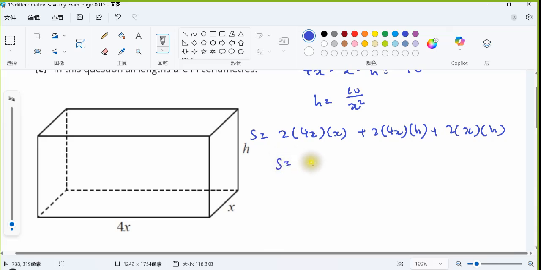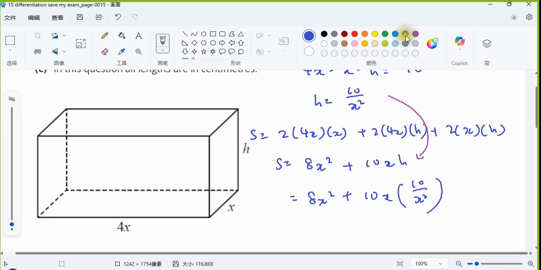So the surface area is 8x squared plus 8 plus 2, 10xh. So 8x squared plus 10x times 10 over x squared, since h is this. Then we have 8x squared plus 100x to the power negative 1.